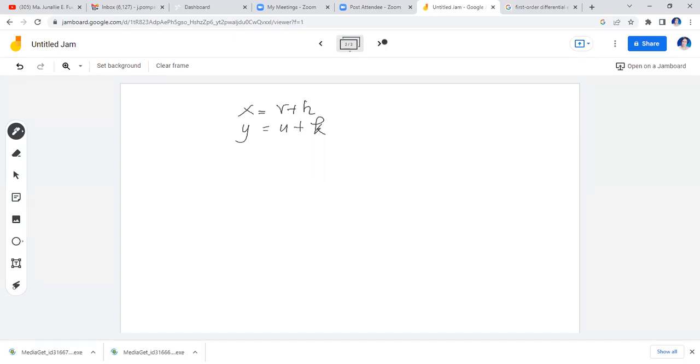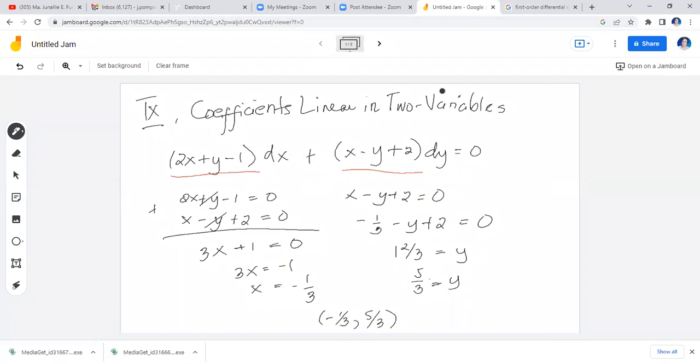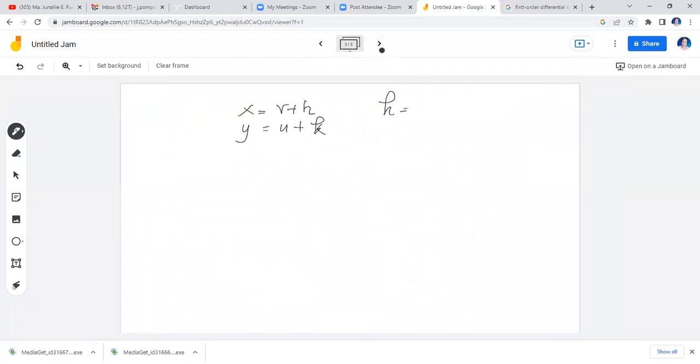You just choose any letter that you like to represent the four letters that you are seeing here. But nonetheless, the h here corresponds to the x coordinate of the point of intersection, and that is, in that case, -1/3. So that's the purpose of the coordinates there. And the k is the y coordinate, and that is your 5/3.